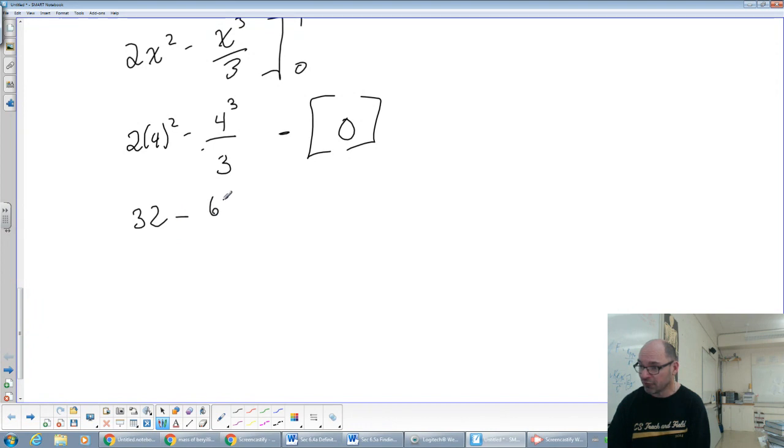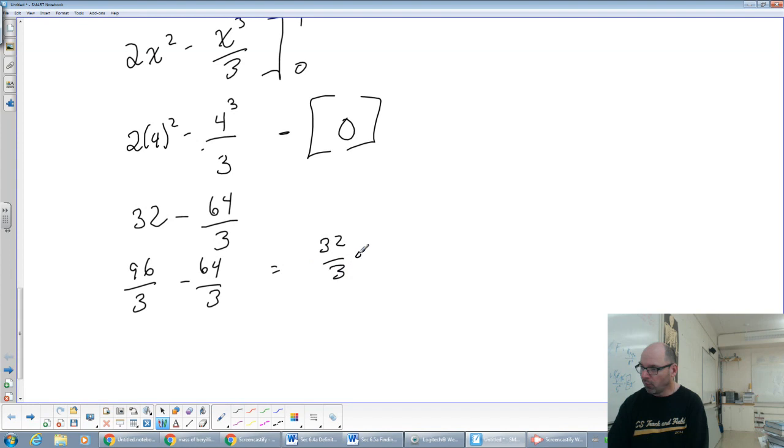Minus 64. 4 times 4 is 16 times another 4 is 64 over 3. So how many would this be? This would be 96 over 3 to get 32 minus 64 over 3. So our area is going to be 32 over 3 actually, or 10 2/3 units squared.